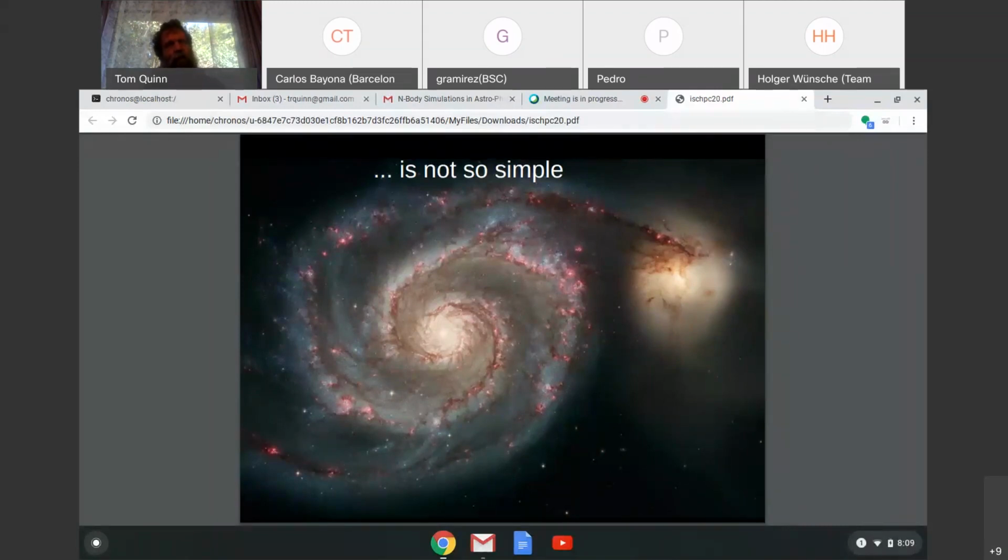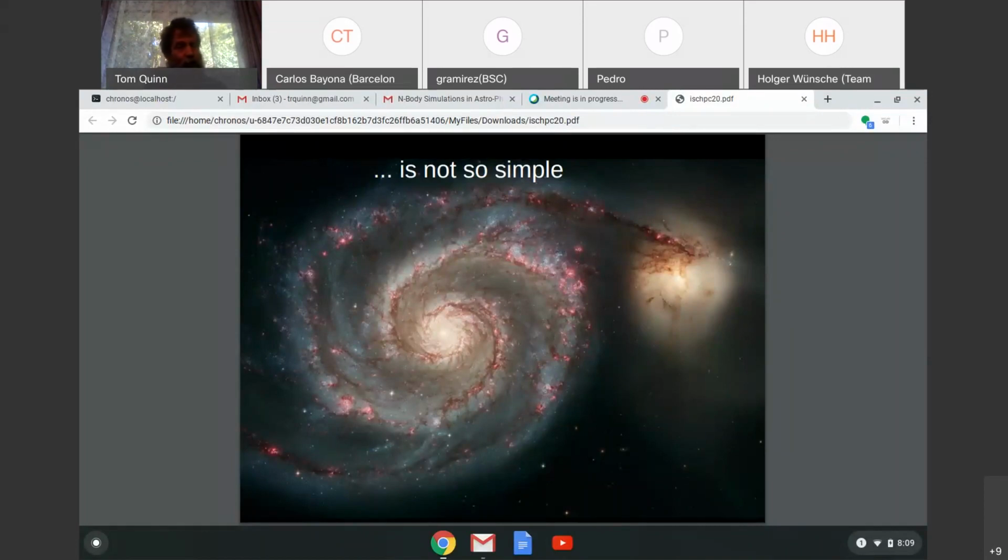And the point here is that these are very complicated nonlinear objects with gas dynamics and star formation and supernovae going off, a lot of very complicated physics going on, although the main physics driver is the self-gravity. That is the fact that every star feels the gravity of every other star.